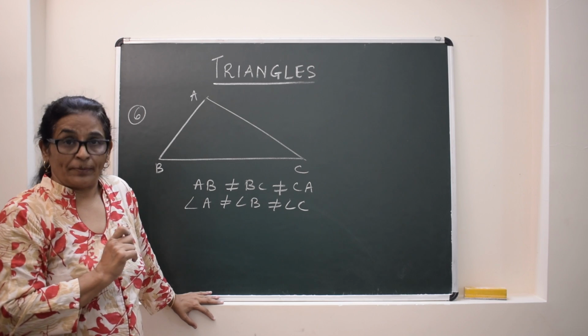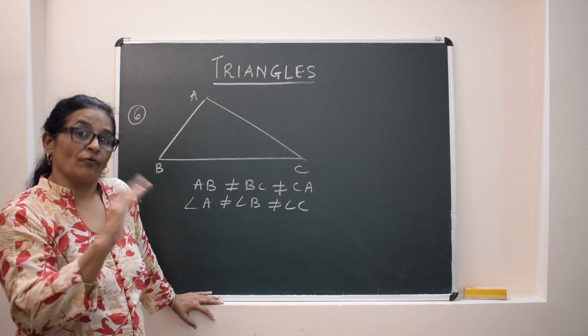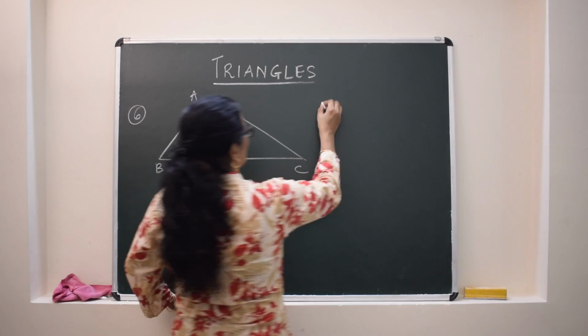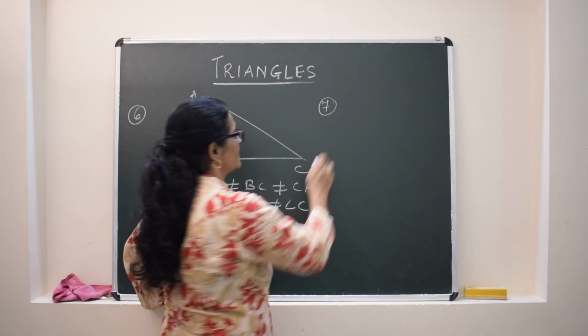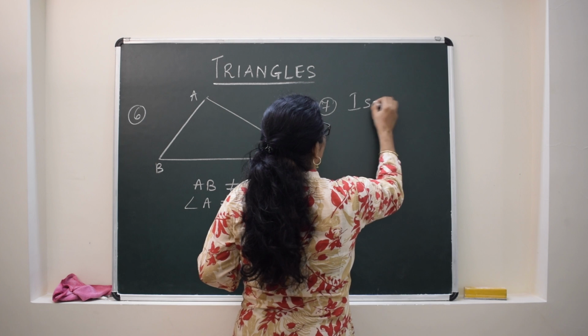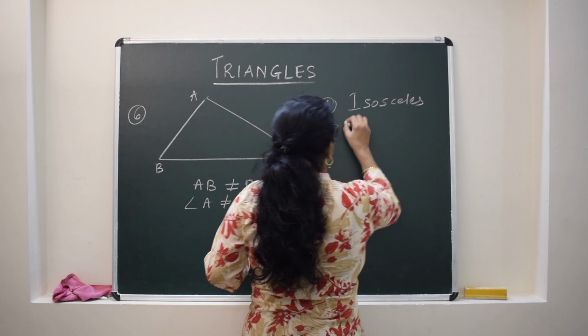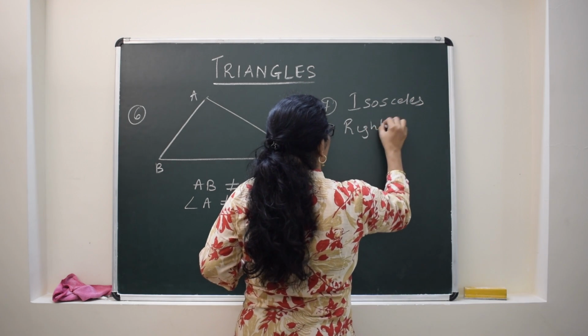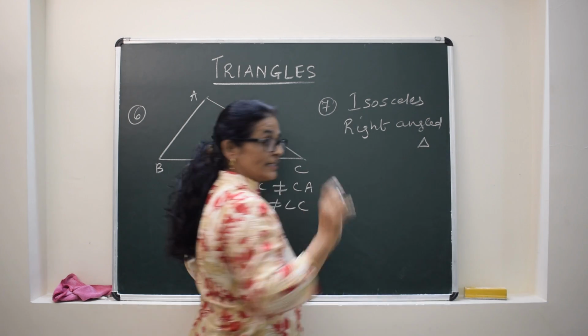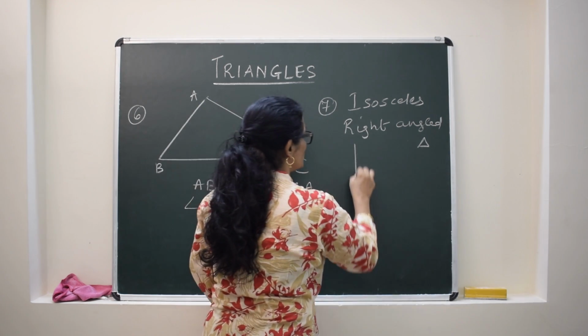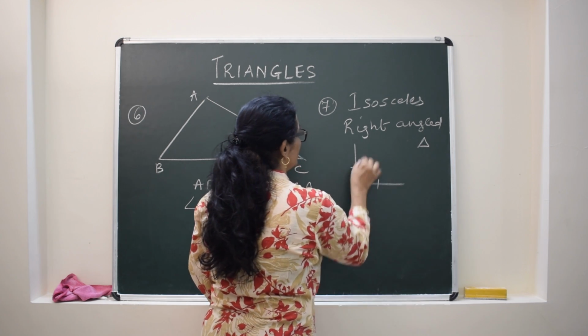There is one more type, which is a combination of two. That is called isosceles right angle triangle. It is a right angle triangle whose two sides are equal.